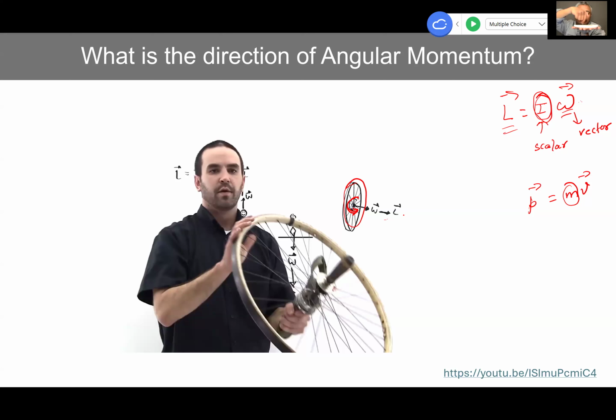Whether that's down or up depends on which way it is spinning. So in this video, that's what it is trying to show you. So let's pay attention and watch.